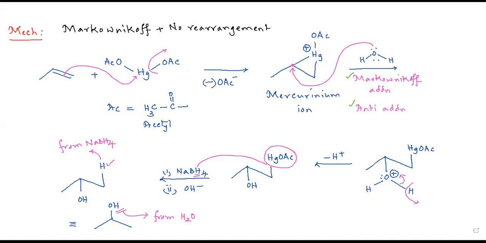Now, let us take some 1 or 2 examples for clarity's sake to see what regiochemistry is and what stereochemistry is. So coming to the first one. Let us take this into consideration.